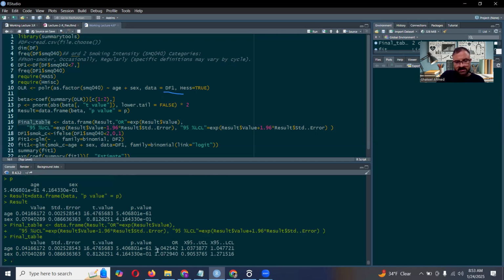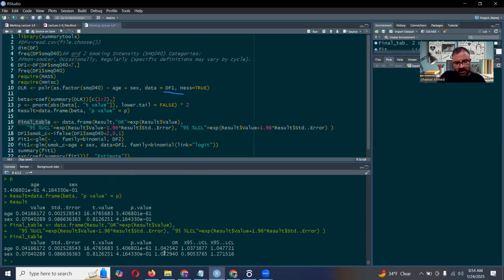And the odds ratio, as we can see: a 1 unit increase in age, as in a 1 year increase in age, will result in a 4% increase in the odds of going from a lower category to a higher category.